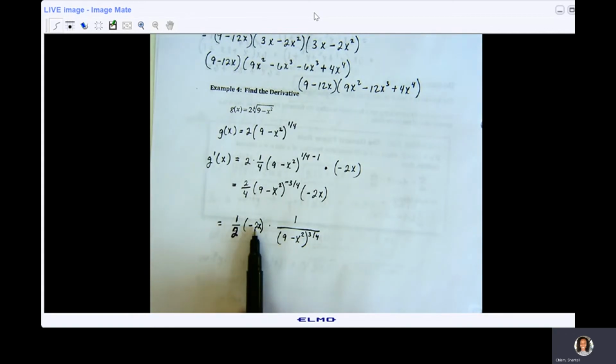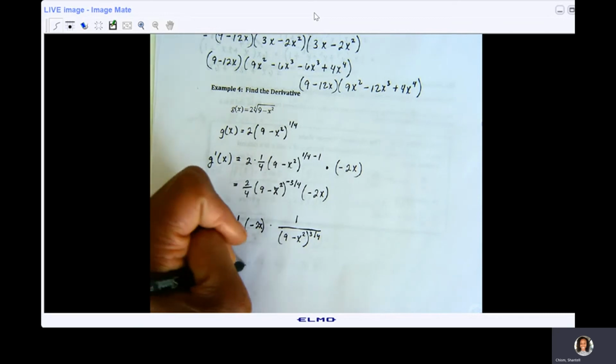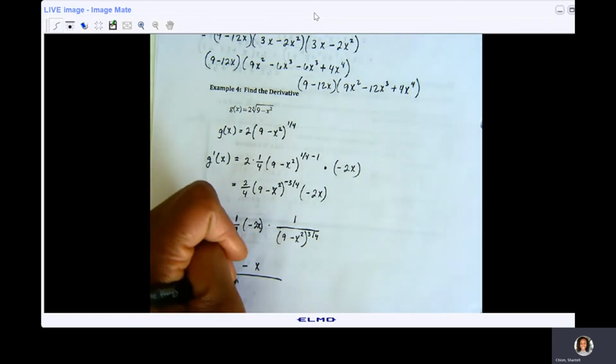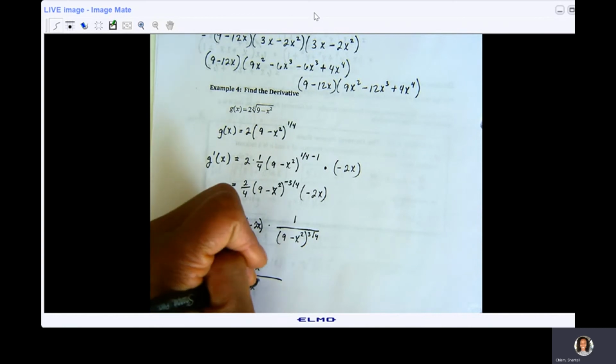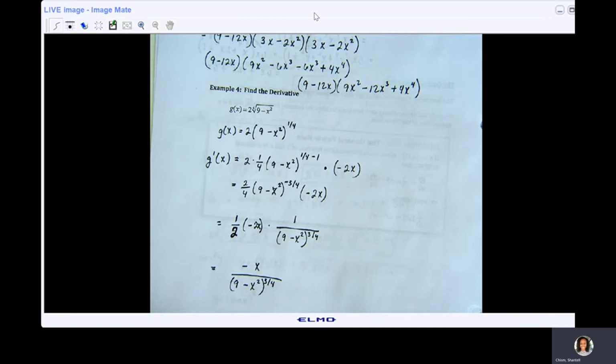So what happens here is the 1/2 and that negative 2 cancel. You still have the negative x. I'm going to just put that on top there, where that 1 is. And then I've got over 9 minus x squared raised to the 3/4 power. And that's your derivative. No reason to go back to the radical. Just leave it as is. Okay?